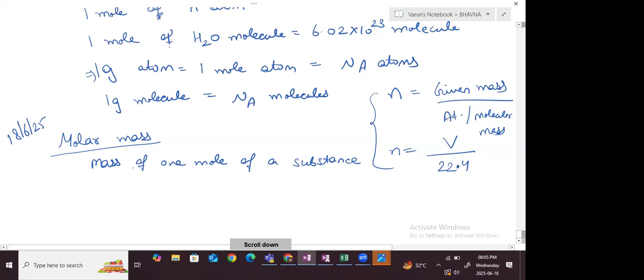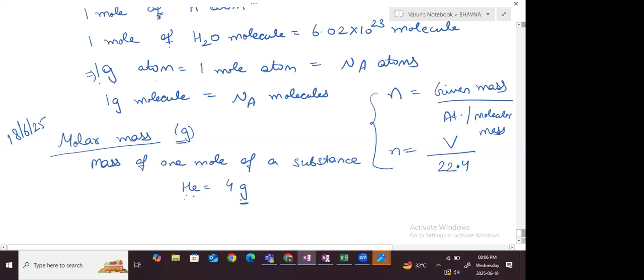The unit that we were using is gram. So gram, basically, represents mole. Like we wrote, 1 gram atom means 1 mole of atoms, 1 gram molecule means 1 mole of molecules. So whenever you find that gram is written, like if I say I am having helium and I write 4 gram, that the mass of helium is 4 gram, by noting that the unit is gram, you can say that for 1 mole of helium the mass is 4 gram.